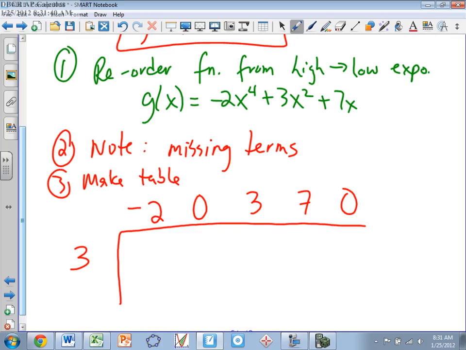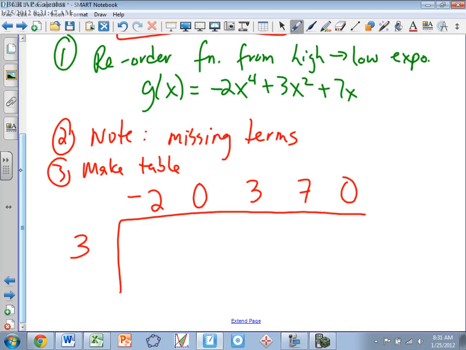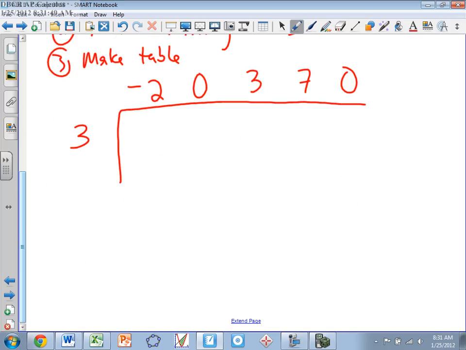Now, the next process is where it gets a little bit tricky. It's not tricky, it's just a matter of memorization of what to do. I'm going to show you one step at a time with several colors. First thing you're going to do is bring down the -2. Just recopy the -2 here.